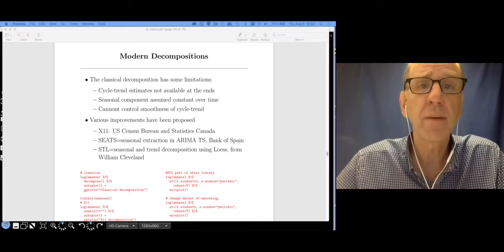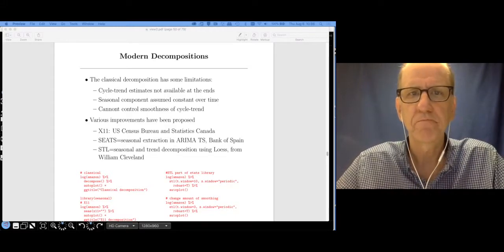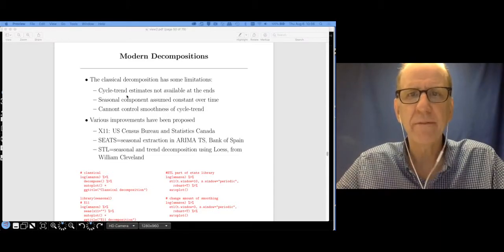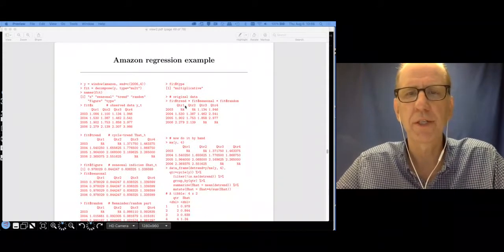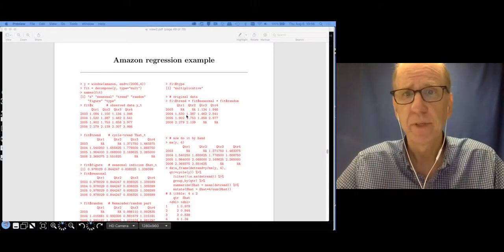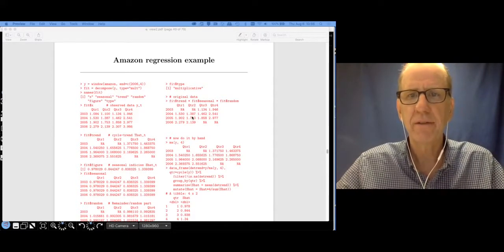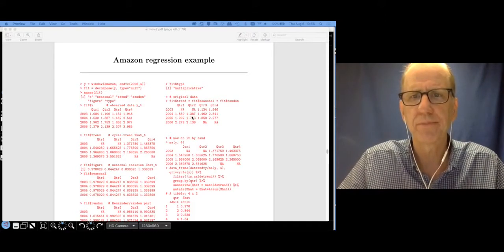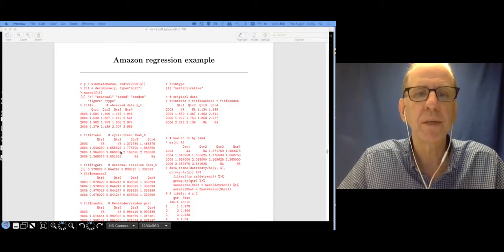So the classical decomposition that we've gone over has a number of limitations. The first is that the cycle trend estimates are not available at the ends. If we go back to the Amazon regression example, remember we were computing the centered moving average, and that means I have to have an equal number of points on either side of the focal observation. So when we look at the cycle trend data, the moving average is missing points on the end.